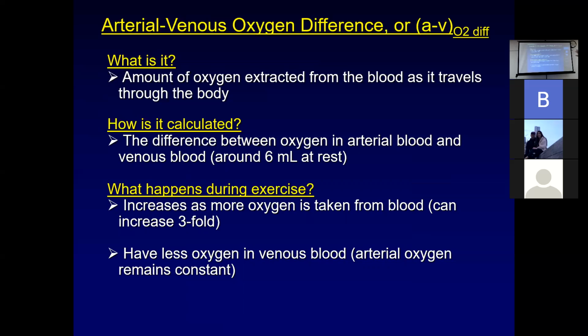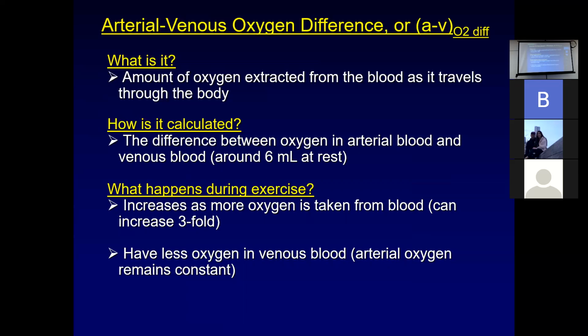If I want to get at AVO2 difference, I have to run a catheter into an artery and a vein leading to and going away from the same tissue. Okay? So if I want to calculate, let's just say, the AVO2 difference in your quadriceps muscles during cycling or running, I have to run a catheter into your femoral artery and a catheter into your femoral vein.